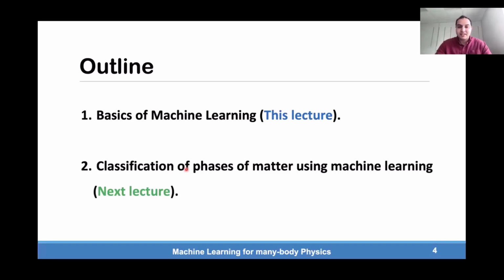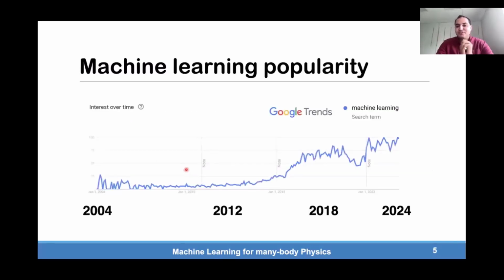Okay. The first thing that I thought would be great to show is this plot from Google Trends, which shows the interest over time of a certain search term. If you do that on Google Trends for machine learning, you'll see that the amount of interest, on the y-axis, is increasing consistently over time.